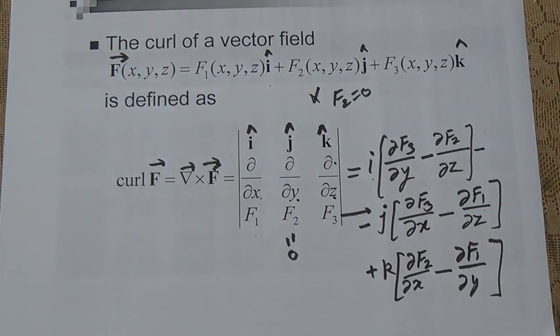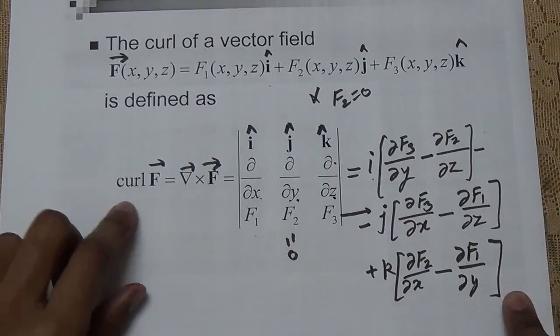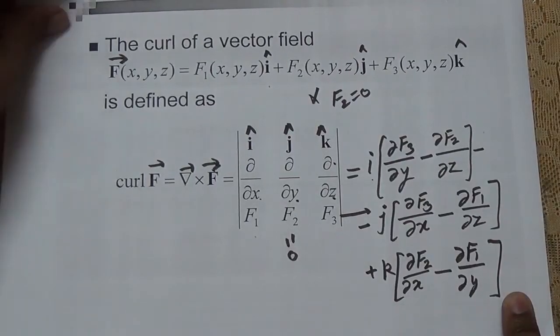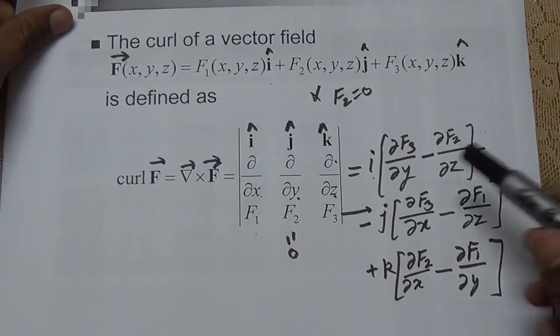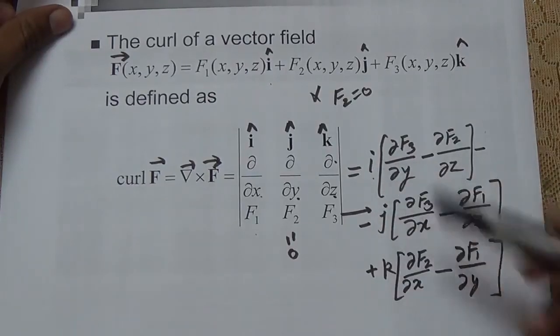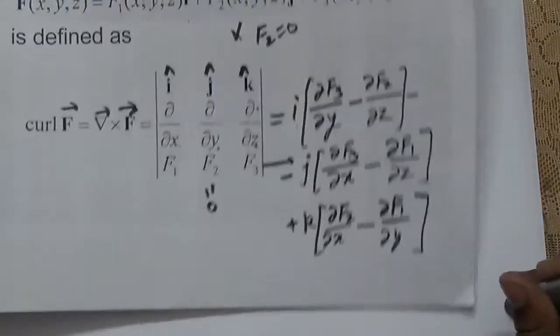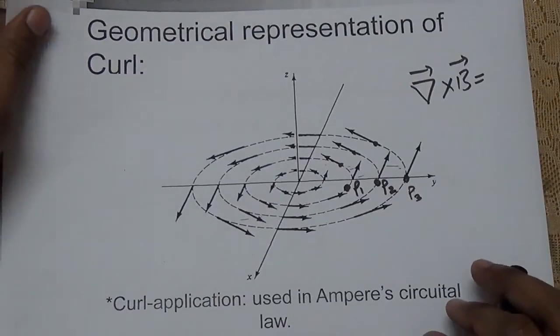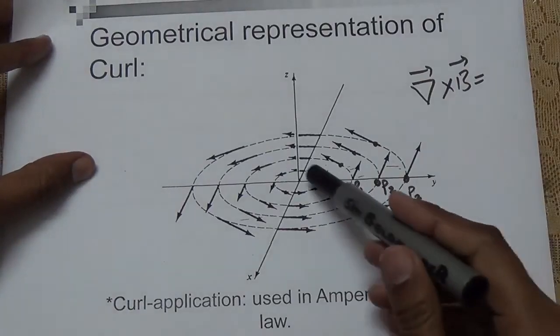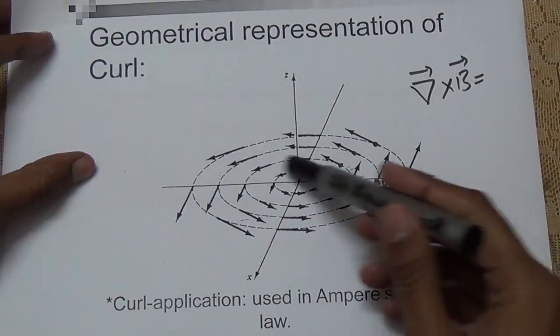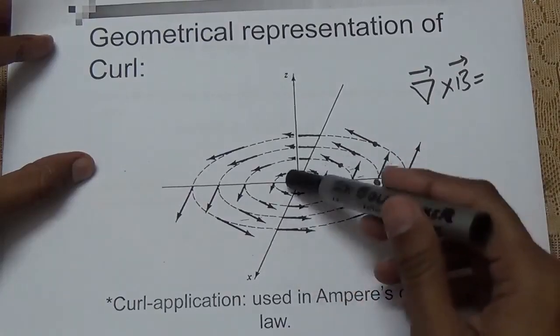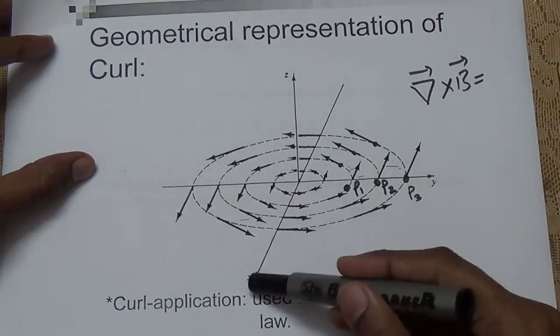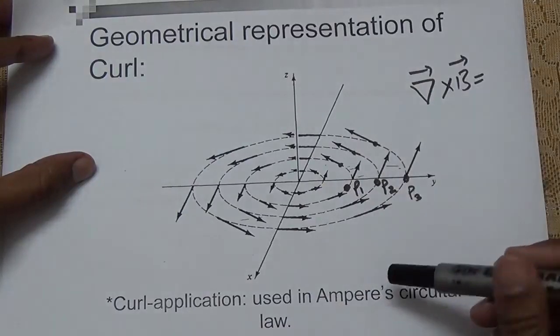So this is the mathematical process to solve curl f, and as a result you get a vector quantity in the direction of the rotation. What will be the direction? Here this field is rotating about the x and y. This is the y axis, this is the x axis, and this one is the z axis.